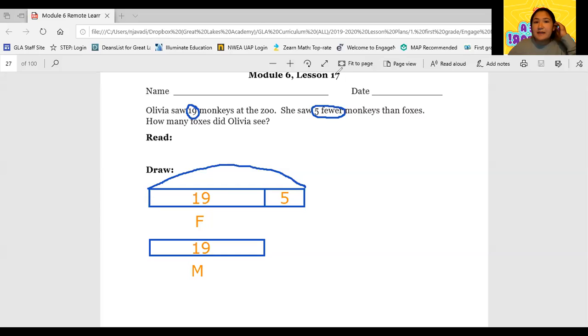Hopefully you set up your tape diagram to look something like mine. Let's check it out. So we know that Olivia saw 19 monkeys at the zoo. So I set up one tape labeled M for monkeys with the number 19. We also know that she saw 5 fewer monkeys than foxes. That means that the space from the end of the monkey tape diagram to the end of the fox tape diagram is 5.